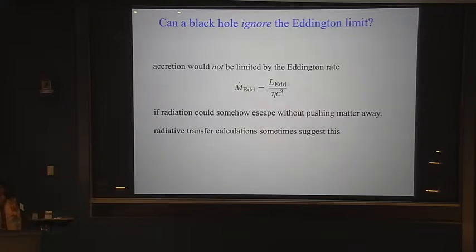And we use the fact of force balance to get the Eddington criterion, but if somehow the radiation that you are getting from the accreting black hole can escape without really interacting with the matter, then you can circumvent the Eddington limit, right? And radiative transfer calculations actually show that.